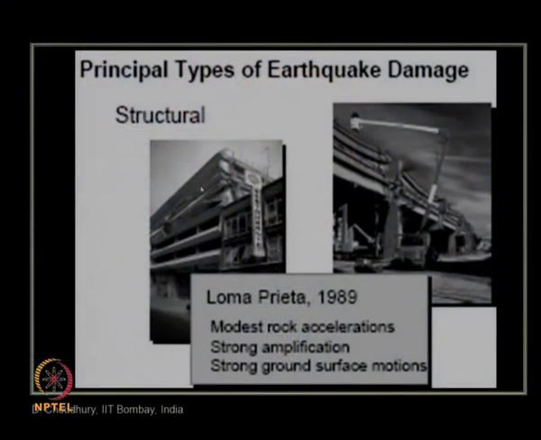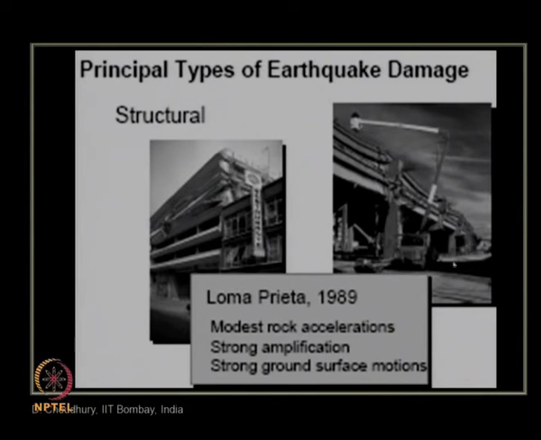Another example of geotechnical problems, or soil related problems of a local site, which caused structural damage during an earthquake, is the Loma Prieta earthquake in 1989. This Loma Prieta earthquake, whose damage is shown over here, also had a modest basic input bedrock level earthquake acceleration, not so large a value as to cause serious or major damage to the structures on the ground.